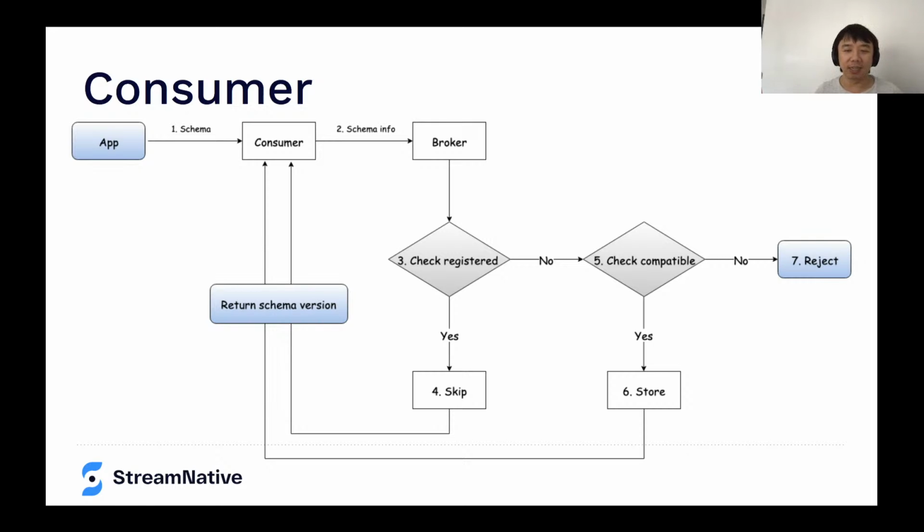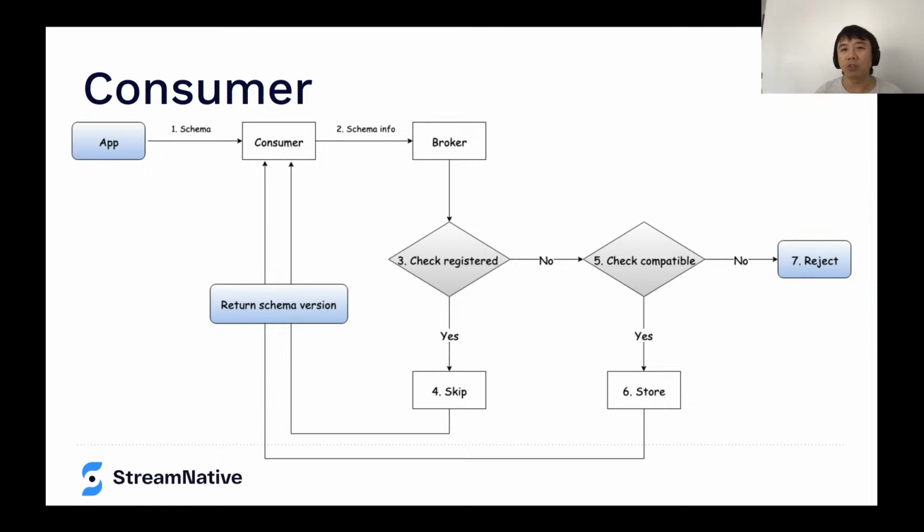That means the workflow is exactly the same. When a consumer wants to consume a message, it will pass the schema information to the broker, and the broker will still check the schema information.